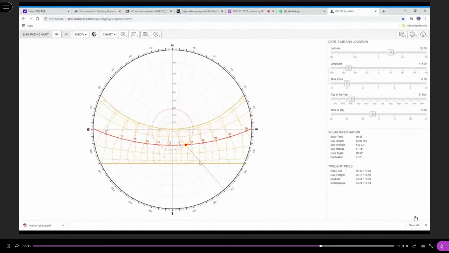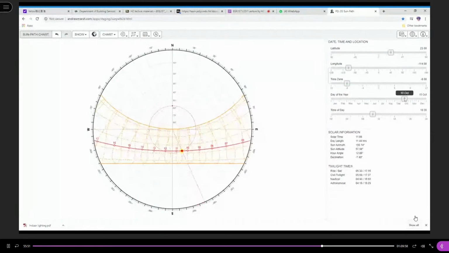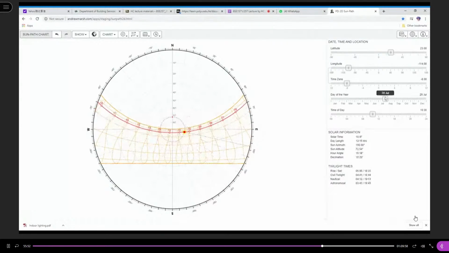Okay. So this is the sun path diagram for Hong Kong. And you can select a particular day in a year. Okay, like this is December, and then November, October, September, August, July, June, May, April, March.